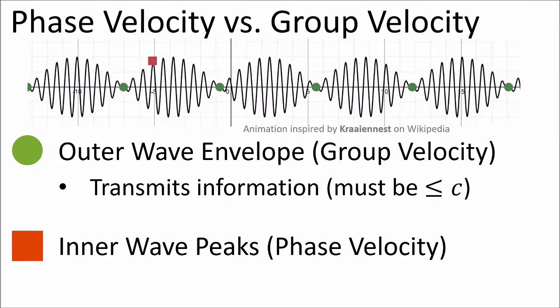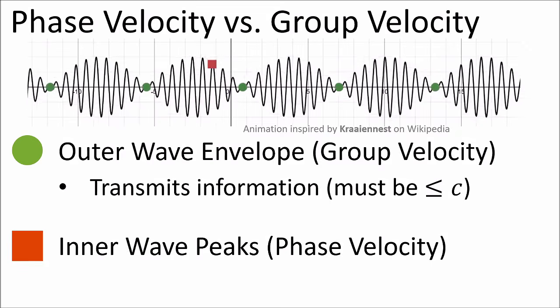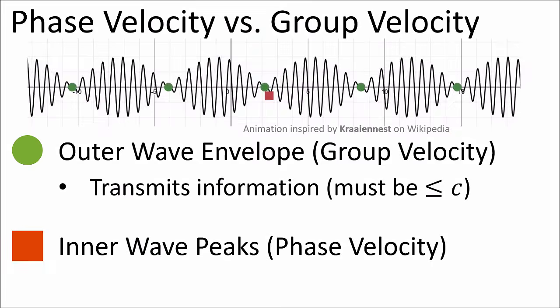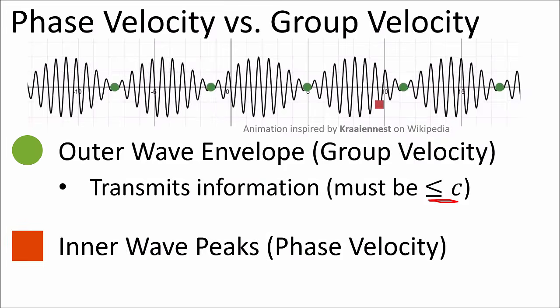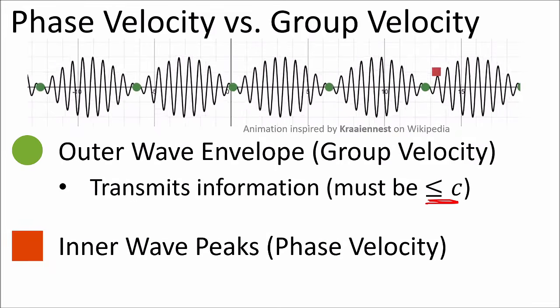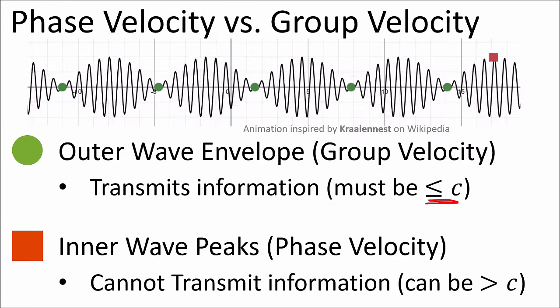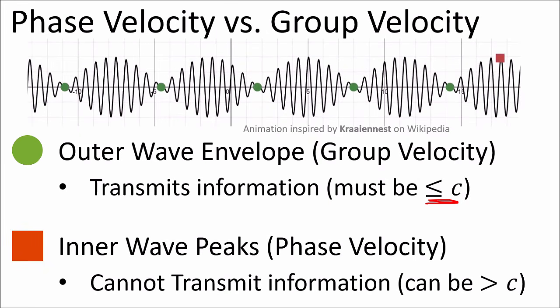So if we want to obey the laws of special relativity and not send information faster than light, this envelope's group velocity must be less than or equal to the speed of light c. The fast inner wave peaks are not capable of transmitting information. So it's actually fine if the phase velocity of these peaks is faster than light.